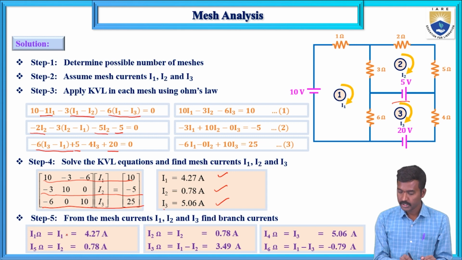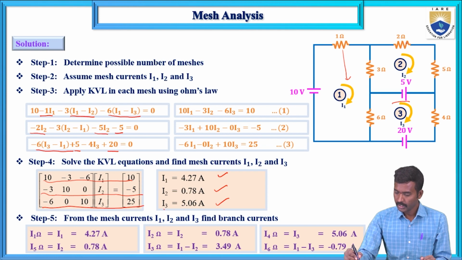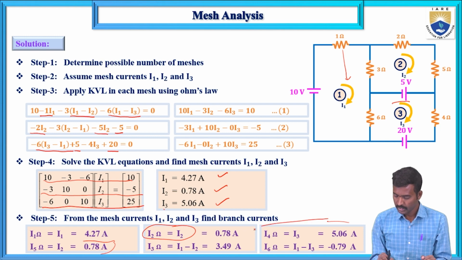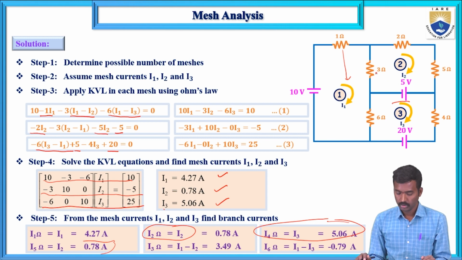First, the 1 ohm resistor current is I1, the 5 ohms resistor current is I2, this 4 ohms resistor current is I3, and this 6 ohms resistor current is I3 minus I1. So I1 minus I2 from top to bottom, and I2 minus I1 from bottom to top.